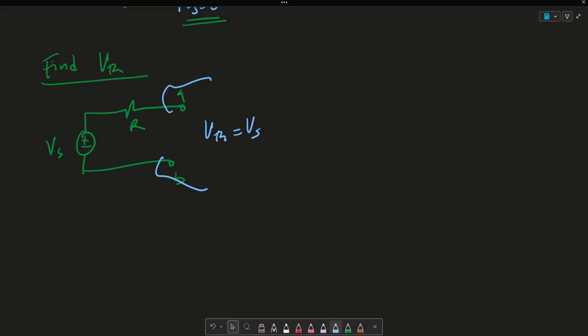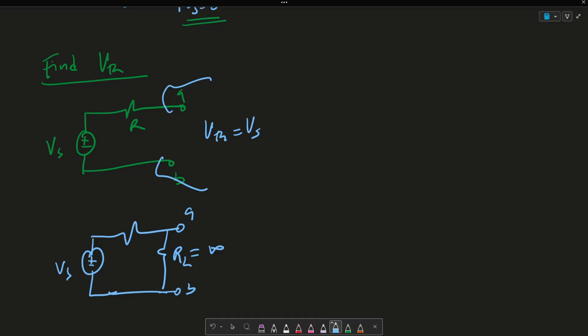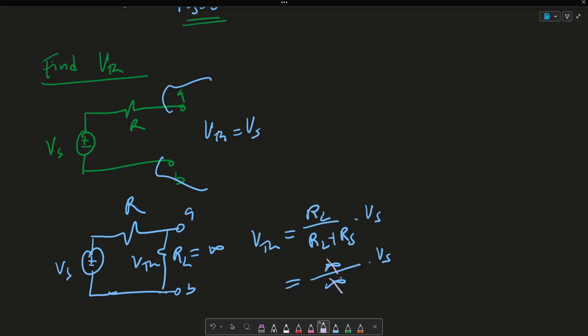Or if you can't see that, imagine that this is A, this is RL, this is B, and this is VS, where RL is infinity, and this is R. The voltage drop V Thevenin across this AB is going to be RL over RL plus RS times VS, which is simply infinity over infinity times VS. Infinity over infinity cancel out, so V Thevenin is simply equal to VS. That's how you can prove that quickly.